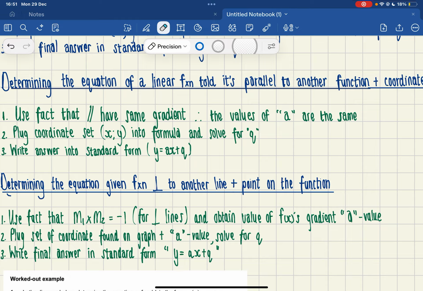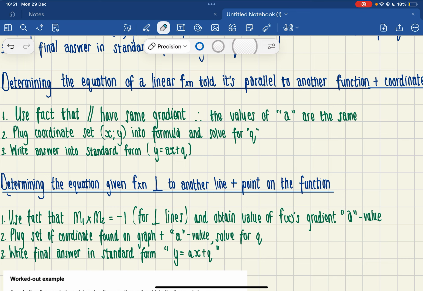Remember in analytical geometry, we said that the product of the gradients of perpendicular lines is equal to -1. As such, we'd say m1 multiplied by m2 is equal to -1. We then use the gradient of one of the lines that's given, and we'd solve for the gradient of our function. So basically, we'd get out a value.